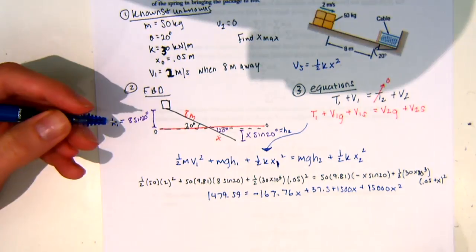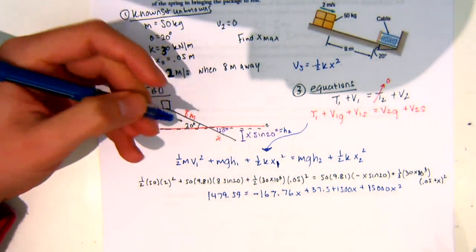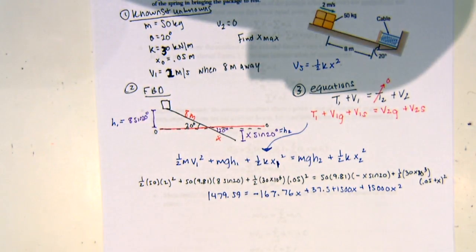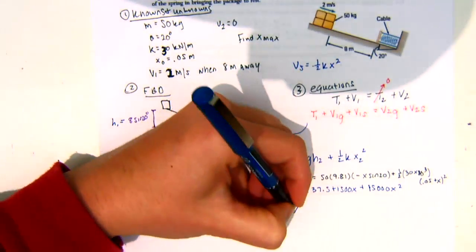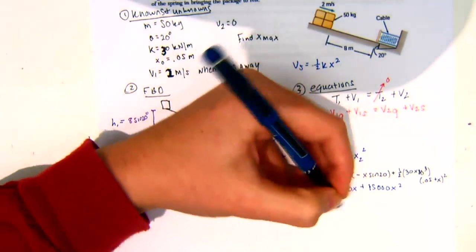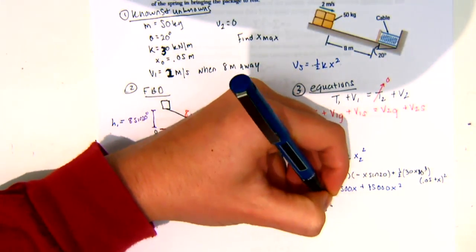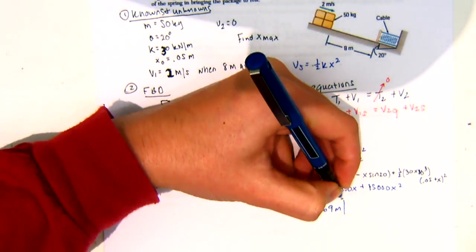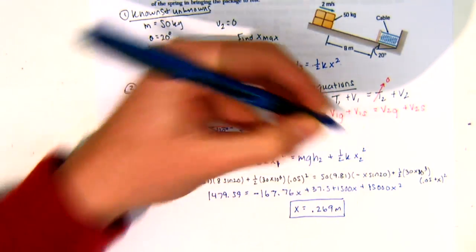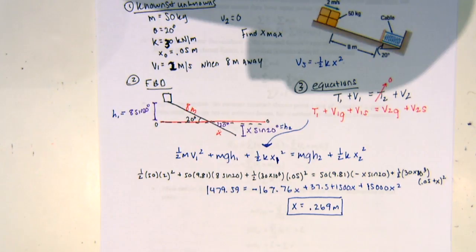So you get a quadratic. So solving for it and then taking the positive value, you get x is equal to 0.269 meters. So that is how much extra that spring gets deformed to bring the block to rest.